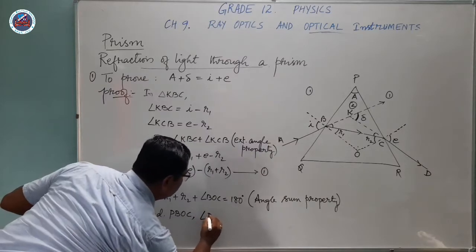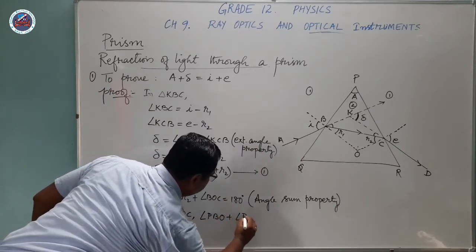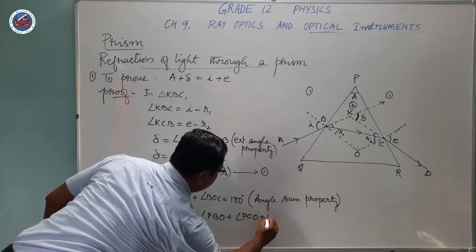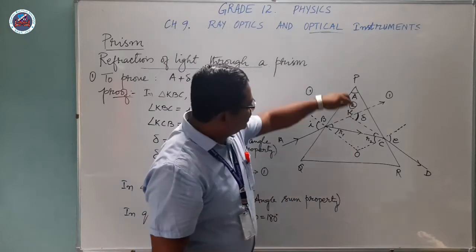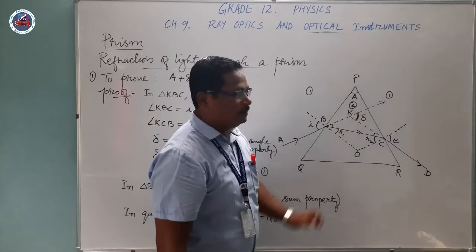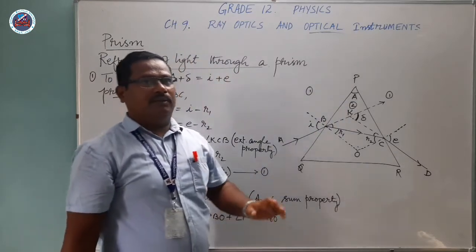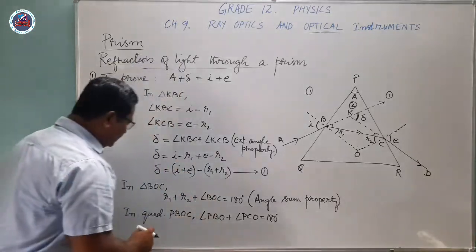Angle PBO plus angle PCO together is 180. So the remaining two angles, angle A and angle O, these two must also sum to 180, because in a quadrilateral the sum of all the four angles measures 360 degree.